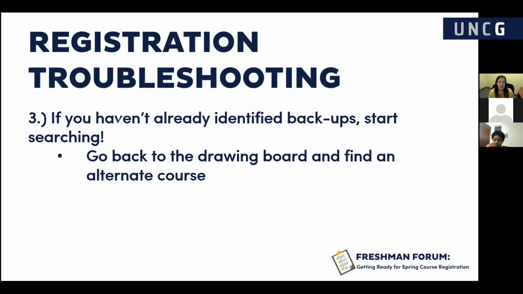When you attend your registration advising meeting, ideally, you leave that appointment with 5 classes that are your preferred schedule, and then hopefully 2 or 3 backup classes in the event one of your 5 courses is full. So ideally, you already have your backup courses set and ready to go. If that doesn't work out for you, just go back to the drawing board and find an alternate course.